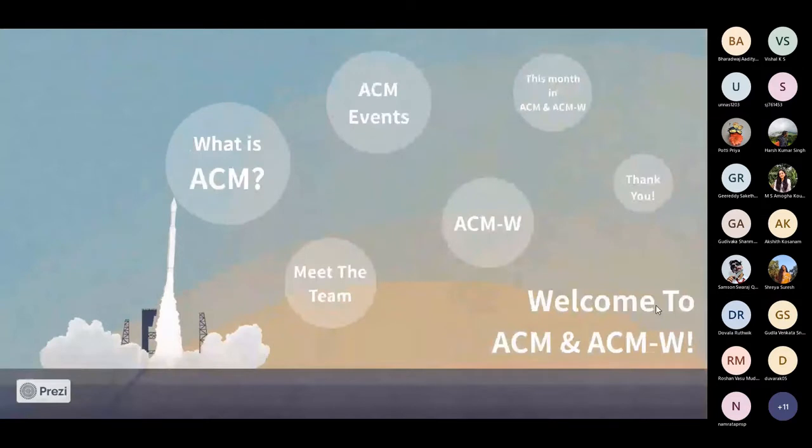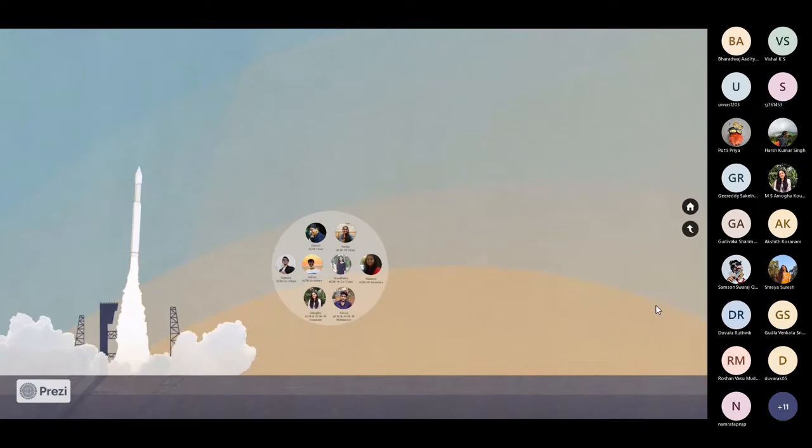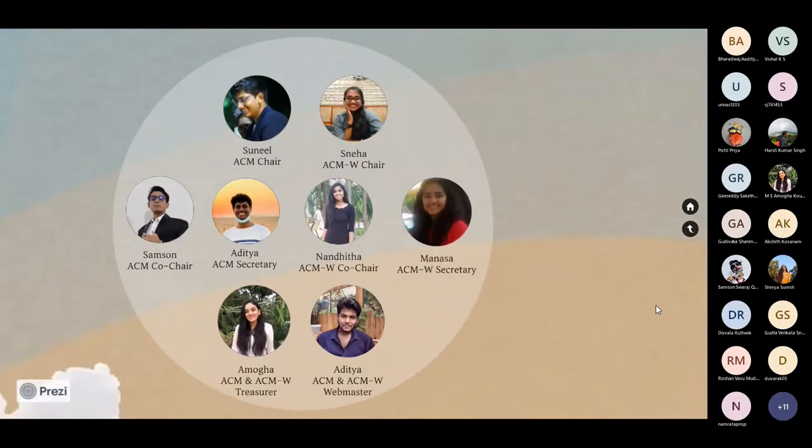All right. So now that we have had a general overview about what ACM means on a global scale, let's meet the team we have at ACM and ACM-W, Amrita School of Engineering, Bangalore. So we have Sunil, who is the ACM chair. I'm Sneha B, and I'm the ACM-W chair. We have Samson, who is the ACM co-chair. Aditya Manas, who is the ACM secretary. We have Nandita Ravishankar, who is the ACM co-chair.